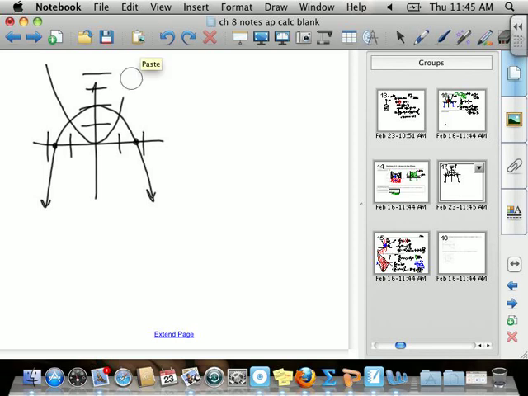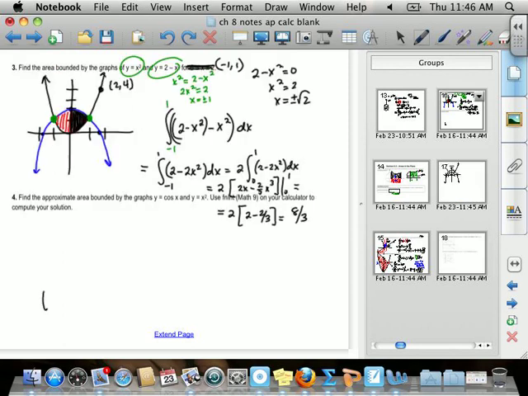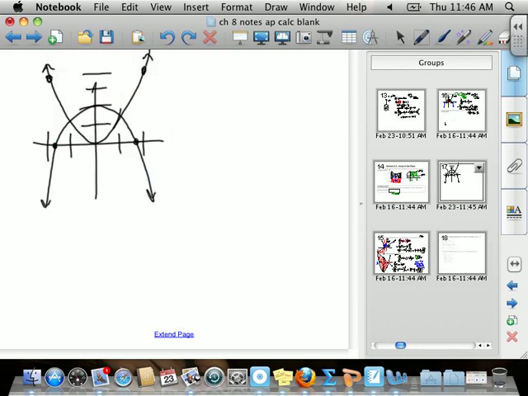That's okay. Okay, so we're going from 0 to 2. Is that what it said? Originally 0 to 2. Okay, so this is a little bit different. So if I'm going from 0 to 2, I'm going to have this piece, and then all of a sudden I'm going to have this piece.